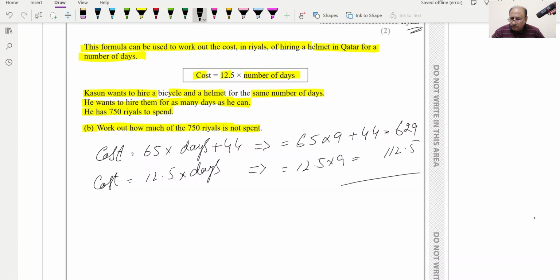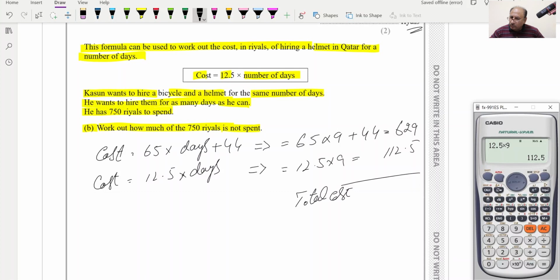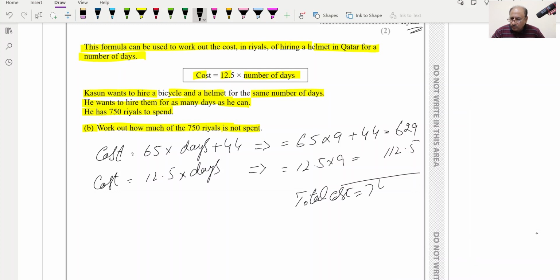If we check the total cost, it will be 112.5 plus 629, which is 741.5. So 741.5 will be spent. So further you can't increase.